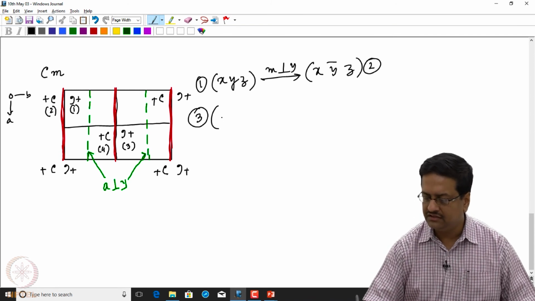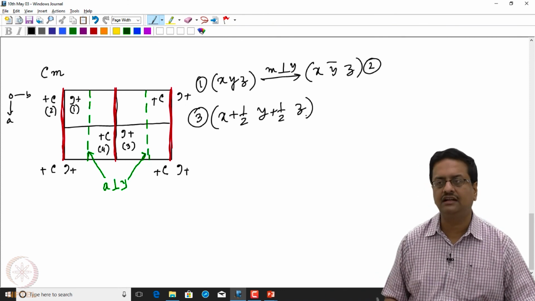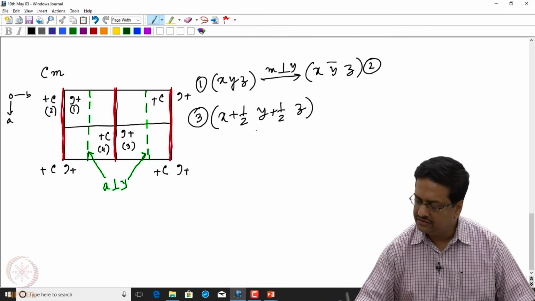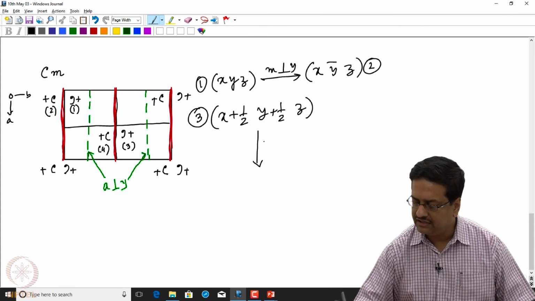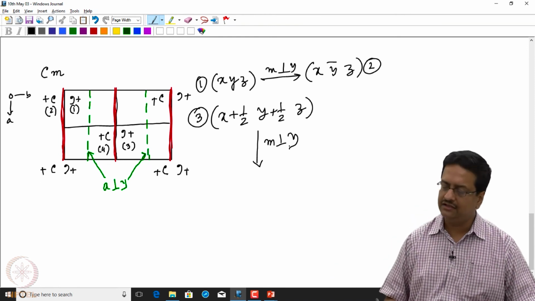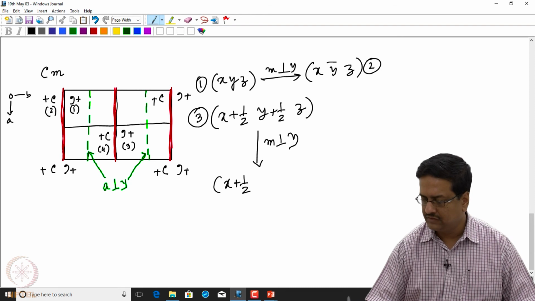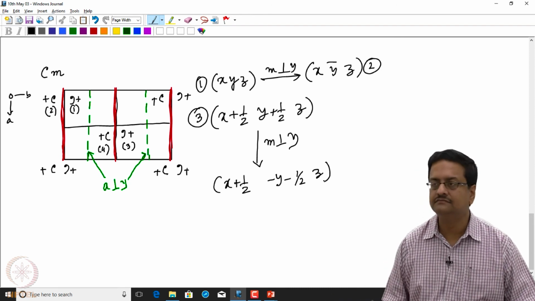Point number 3 is x plus half, y plus half, z, because it is a C-centered lattice, and then on that I am again applying a mirror perpendicular to y. So what we are getting is x plus half, minus y minus half, z.